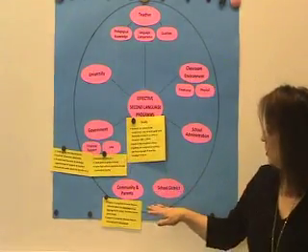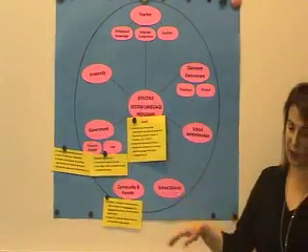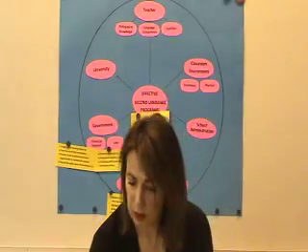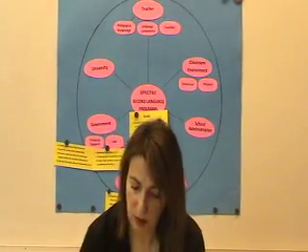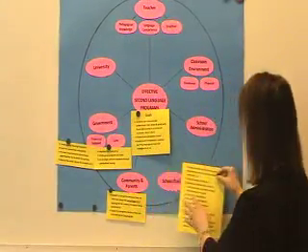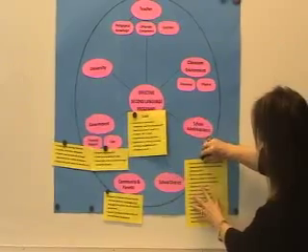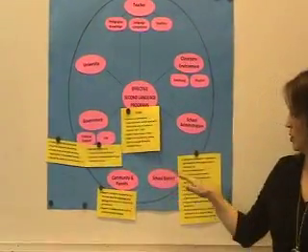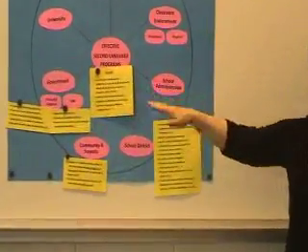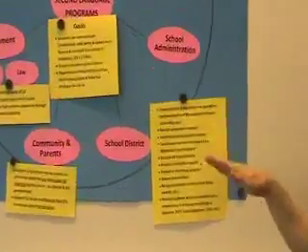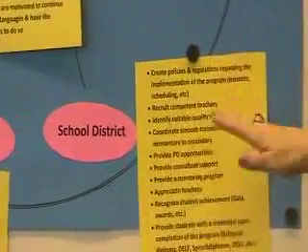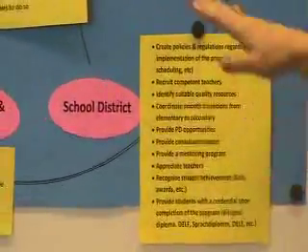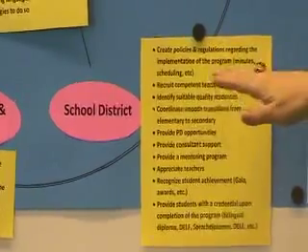Next, we'll look at the next system, which is the school district itself. The school district will take the laws and it will create policies and regulations to implement the effective second language program.